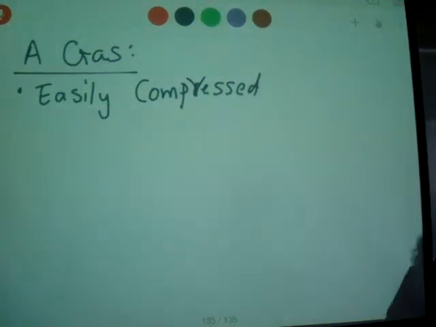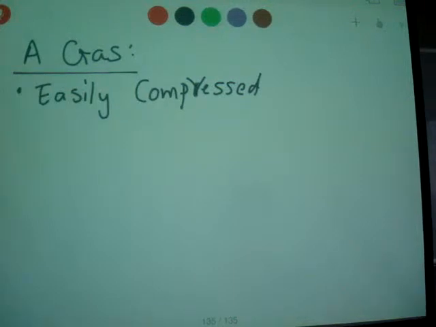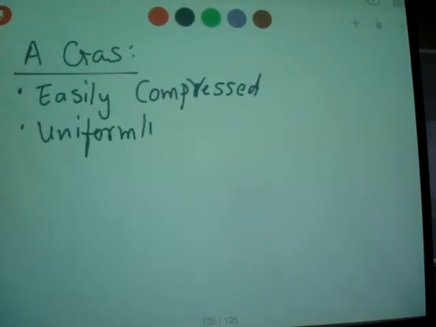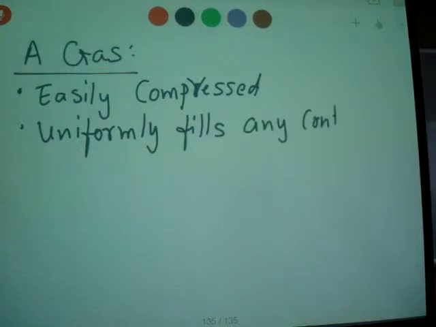So, gas properties. First, it can be easily compressed. It uniformly fills any container. It mixes with other gas completely.